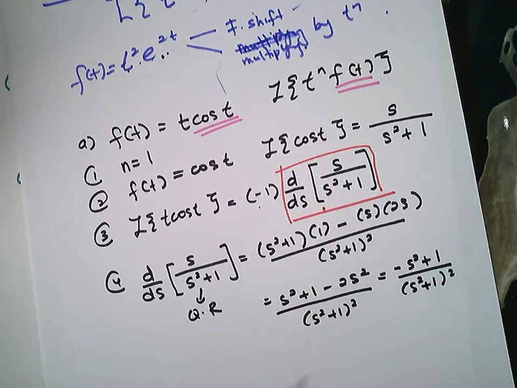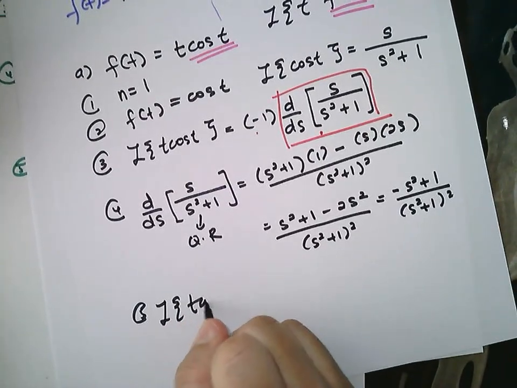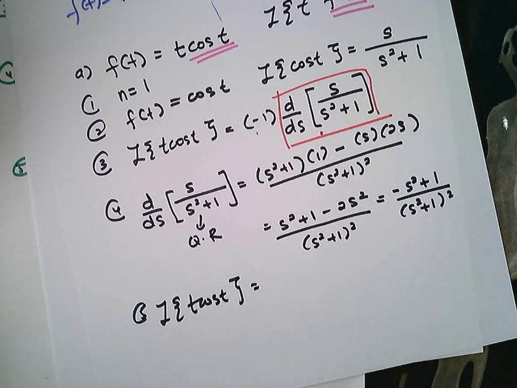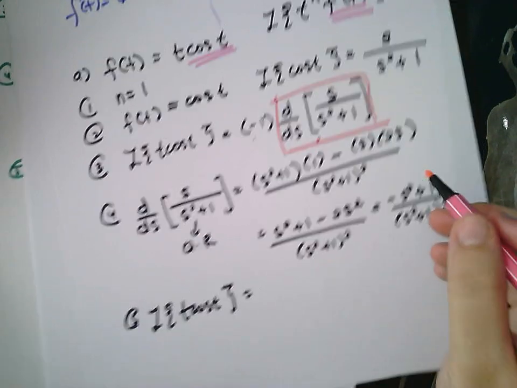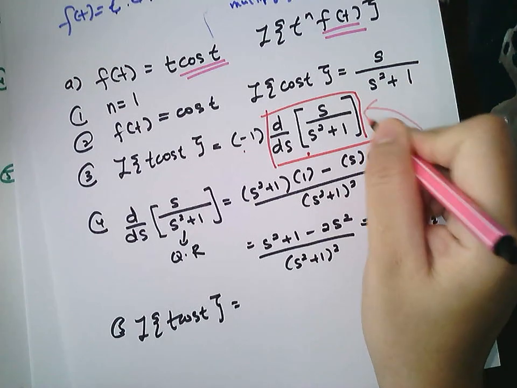So the last one is, your answer for Laplace of t cos t is equal to, so you have to substitute this function back into here.